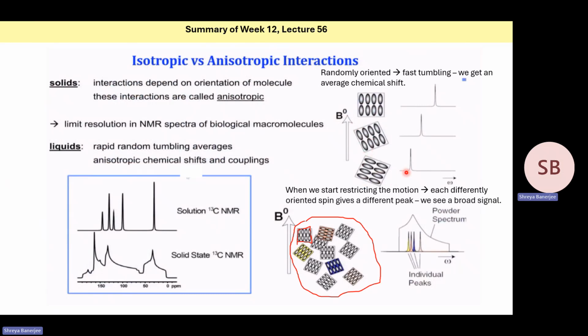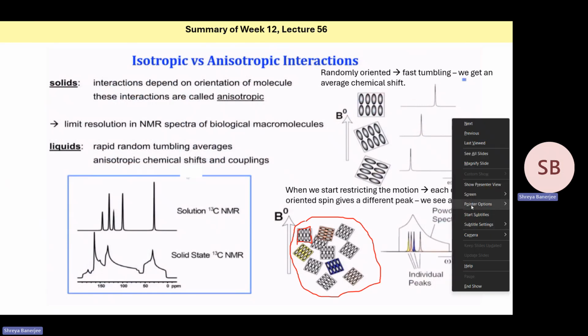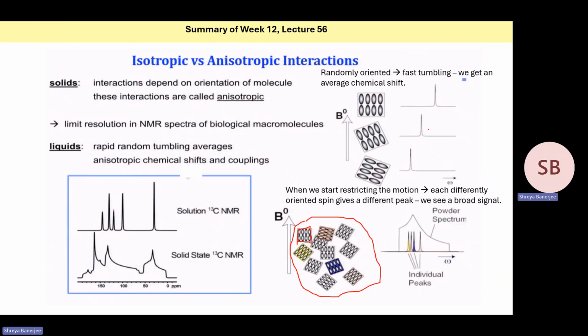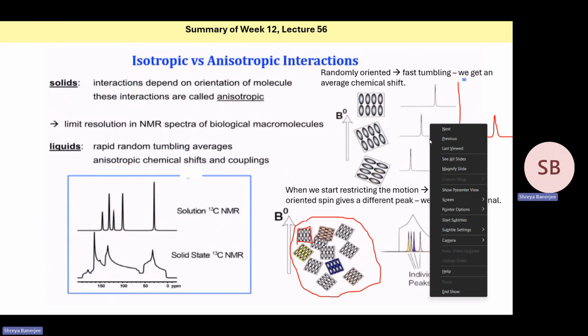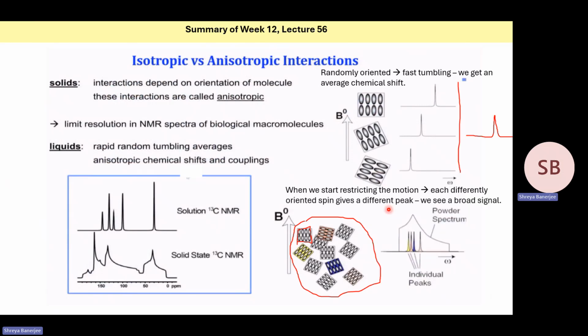Suppose this orientation gives a chemical shift here, this gives somewhere here. Overall, you will not see these three individually. You will see somewhere in the middle of all these three, some average chemical shift, because all the spins are freely tumbling and averaging themselves out. This is when there are no anisotropic interactions.